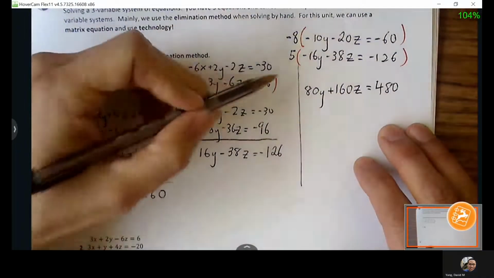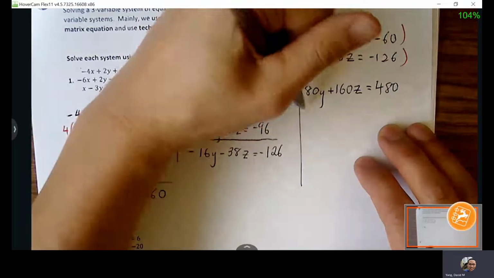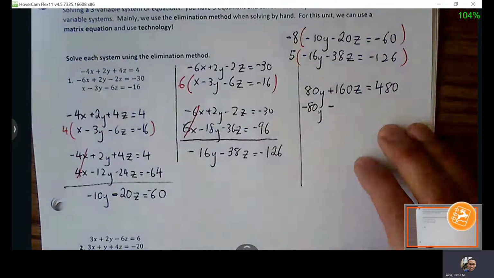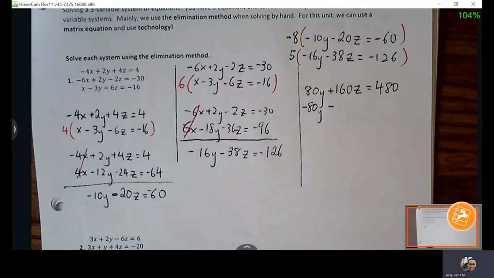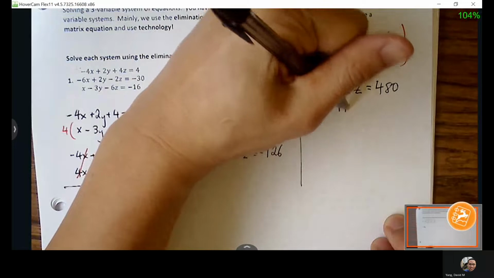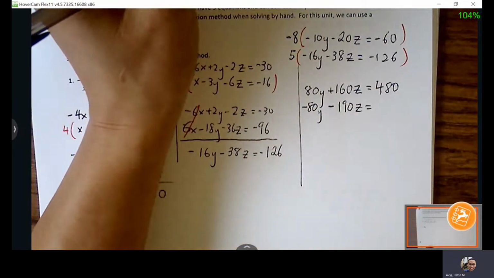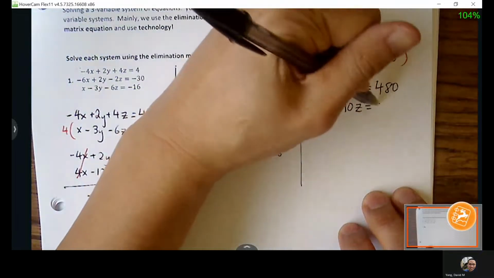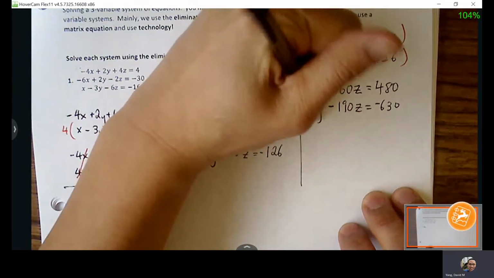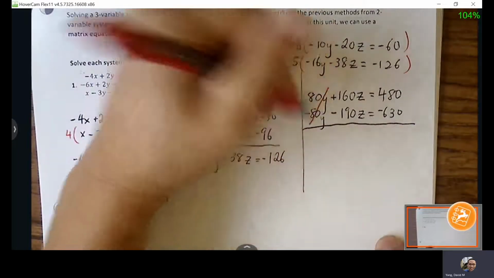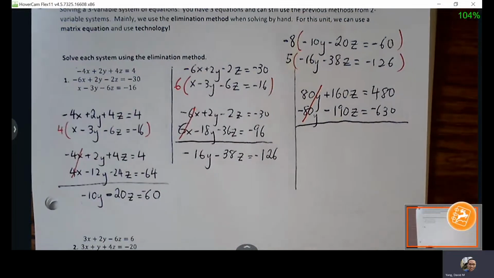Okay, 5 times negative 16 is negative 80. 5 times 38. Five times 126. Okay, so once we get one variable down, then the other two will be easier to solve.